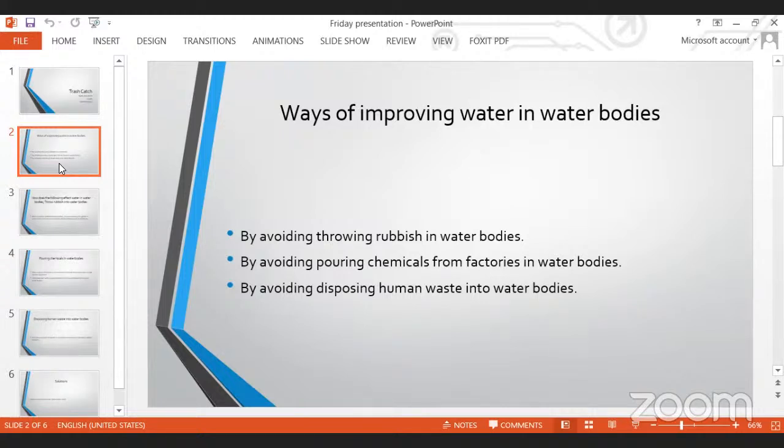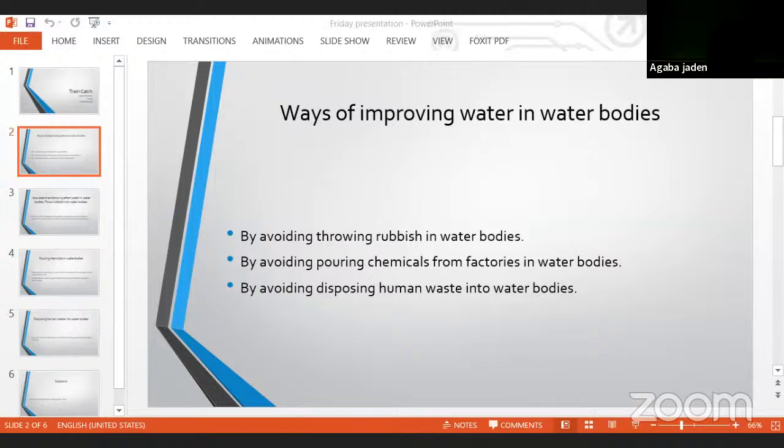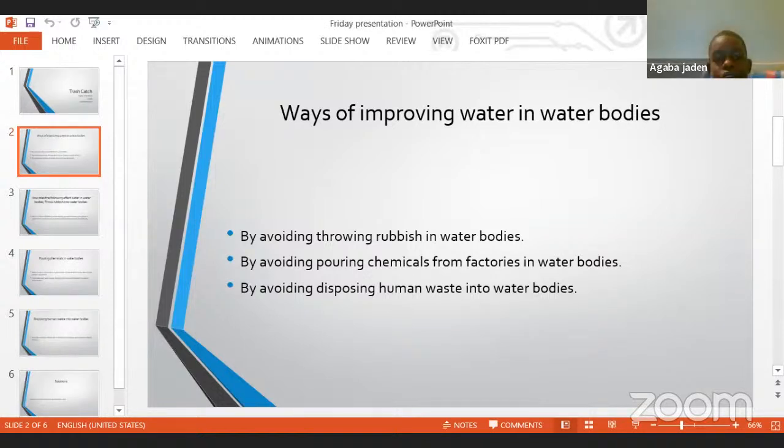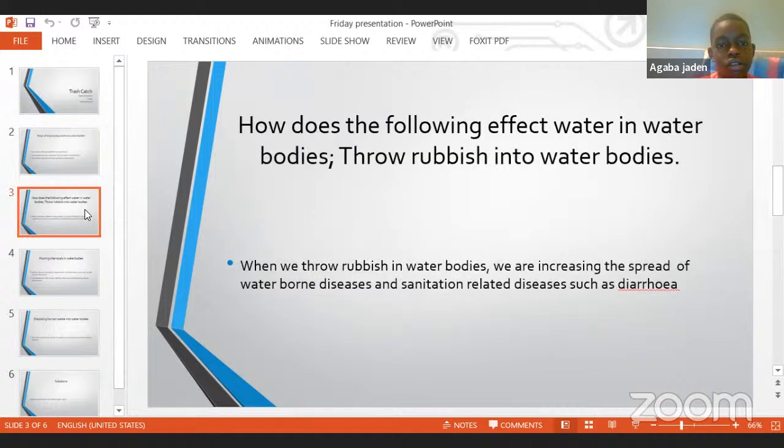I got these answers: by avoiding throwing rubbish in water bodies, by avoiding pouring chemicals from factories in water bodies, by avoiding disposing human waste in water bodies. Those are the answers I got.